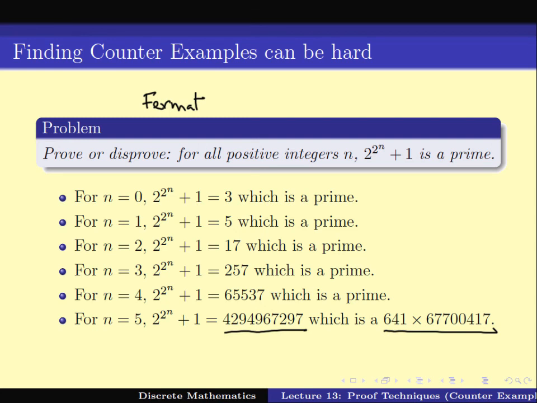As you can see or imagine, proving that this number is not a prime is not at all an easy job because the prime factorization is quite complicated. So, to prove or disprove whether this is a prime is not necessarily always easy. But sometimes this is the only way of proving or disproving some statement.